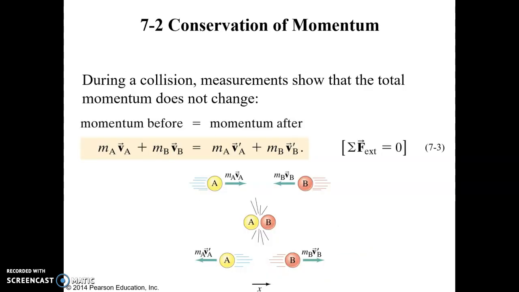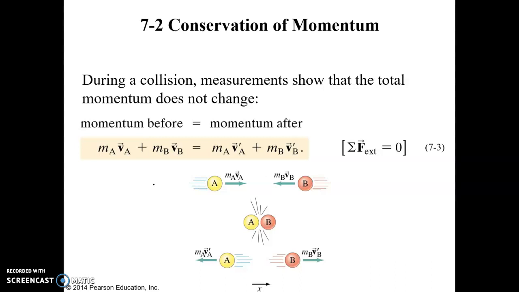So momentum is much like energy. It is conserved. So this is useful when investigating issues where we have two or more objects colliding. We're going to just specifically look at two objects colliding that share a line of motion.